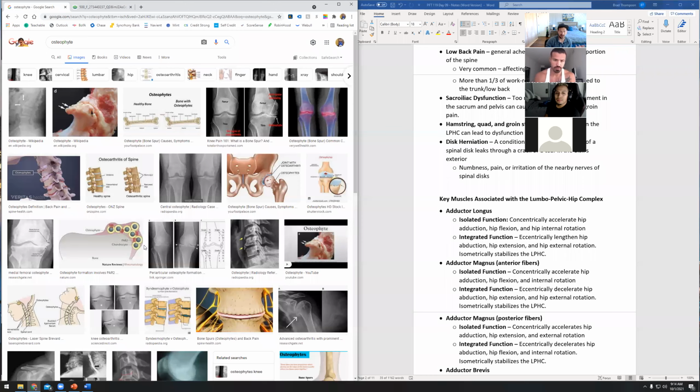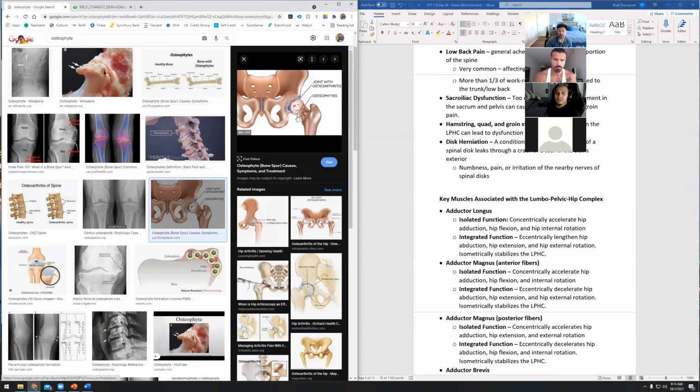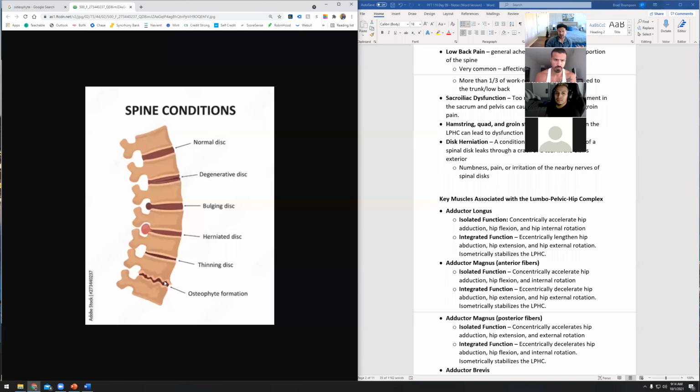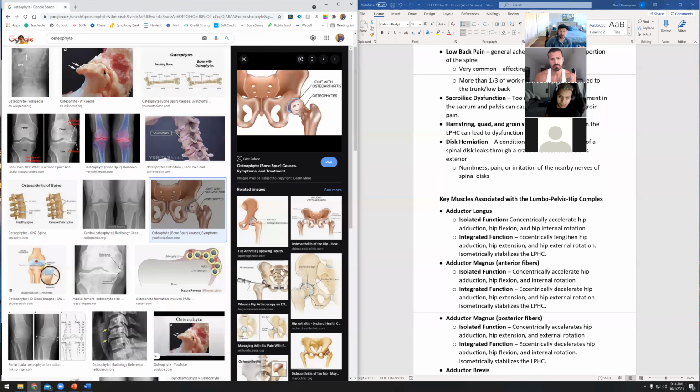But if it does it imperfectly, it creates little lumps, little knobs that you'll sometimes see. And that's what we're seeing in the discs here, and again, that's because of too much impact.